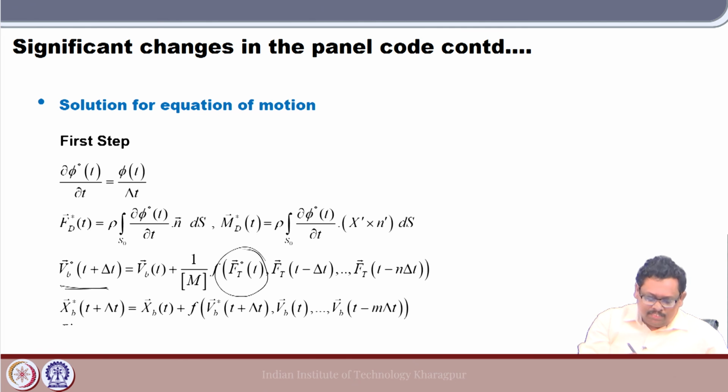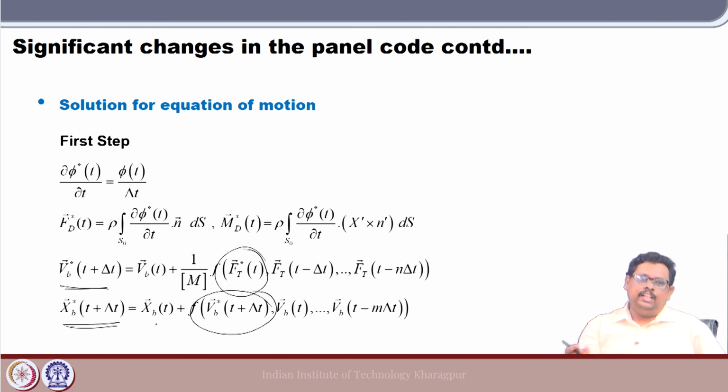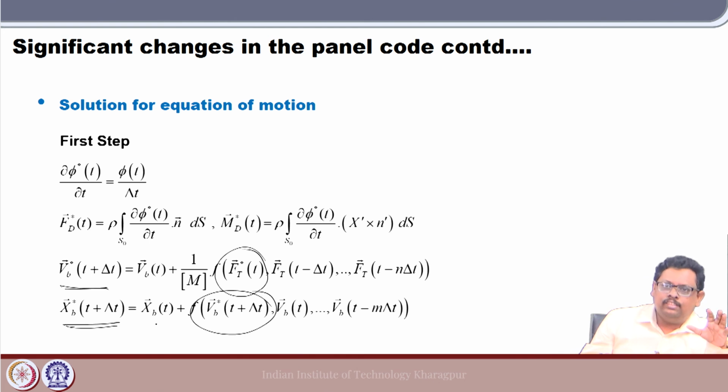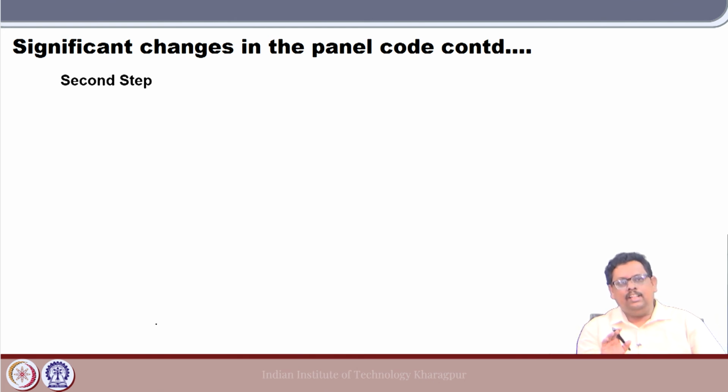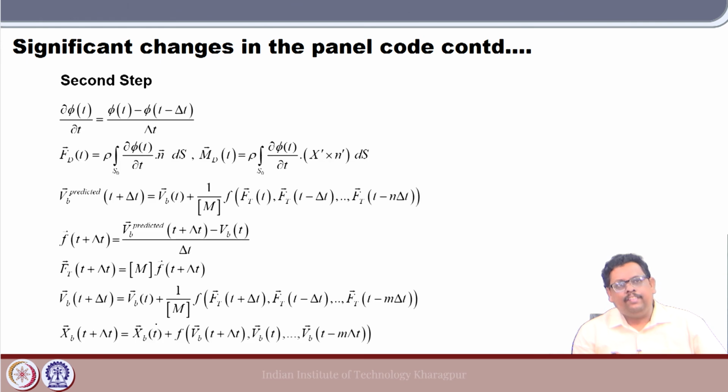But in case of displacement, we are using V at t plus delta t, that means the implicit scheme for the displacement. I would say I do not see the solution, but it works most of the time.